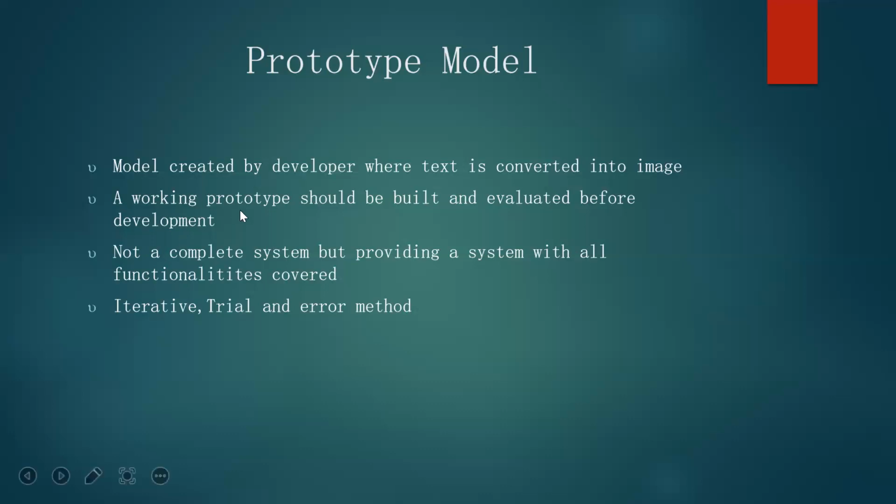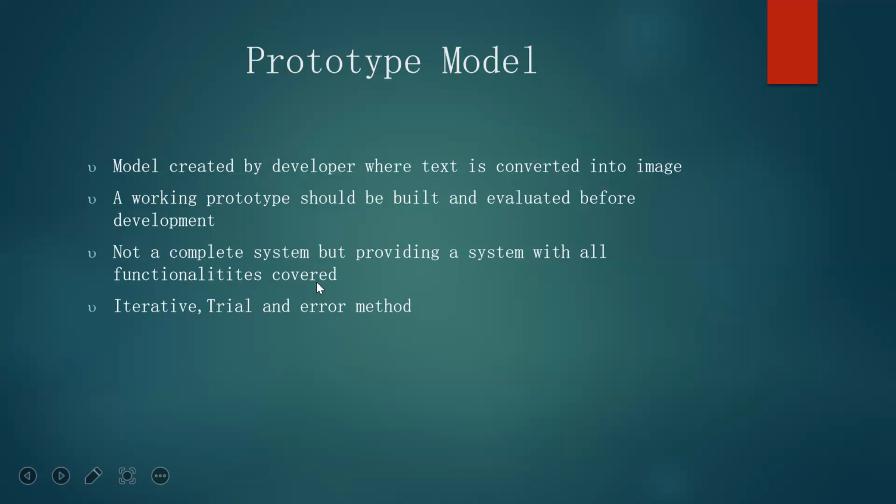A working prototype means basic functionality only, not very high level, deep functionality. It will be like login ID and password and click on login, it will log into the system. So the mock will be in that way. A working prototype should be built and evaluated before development, and it is not a complete system, nor is it providing all functionalities.